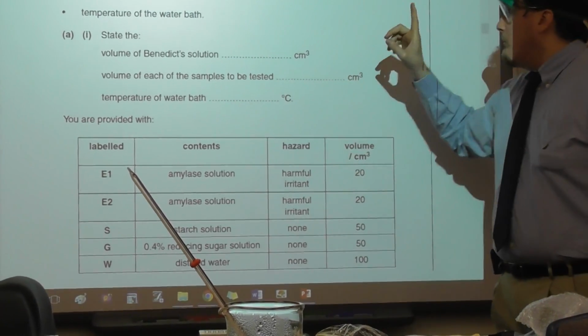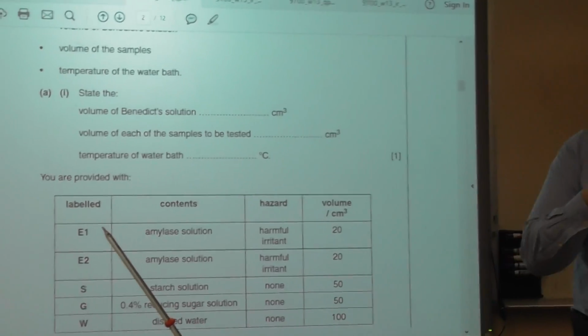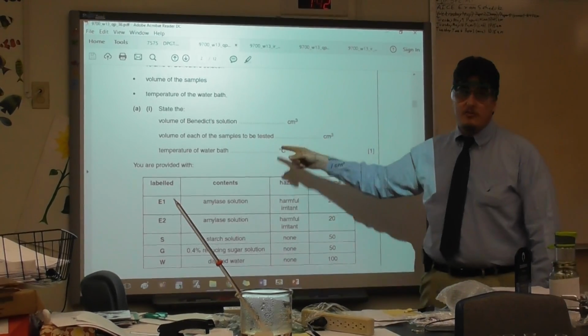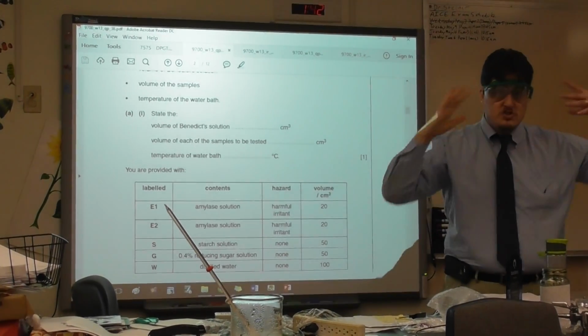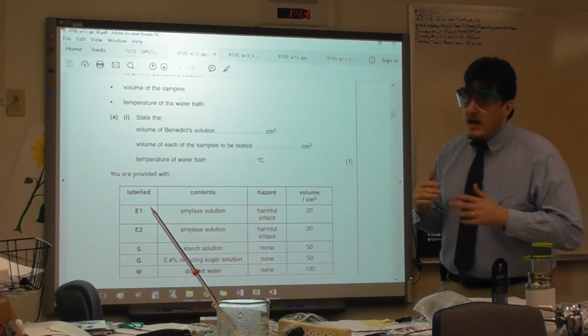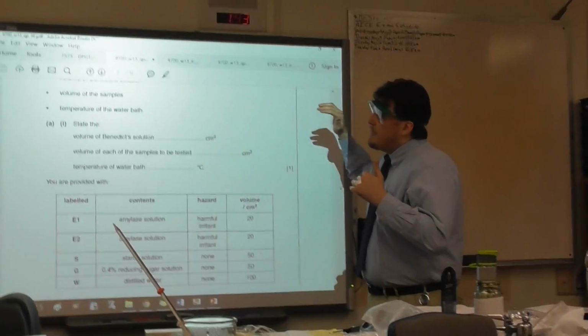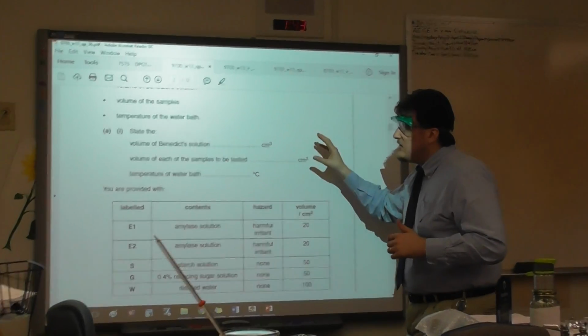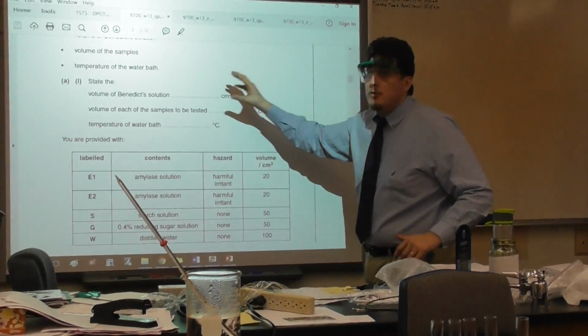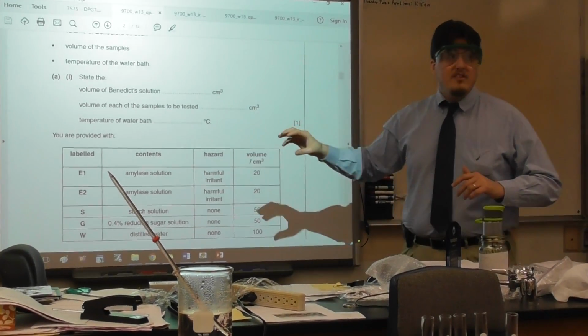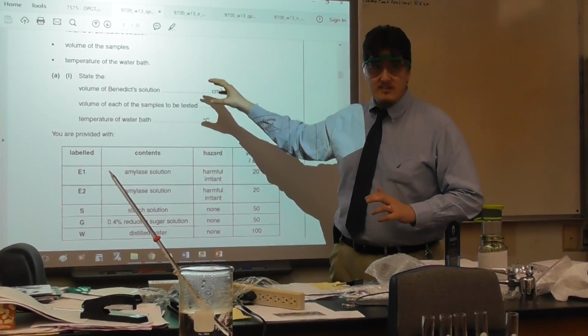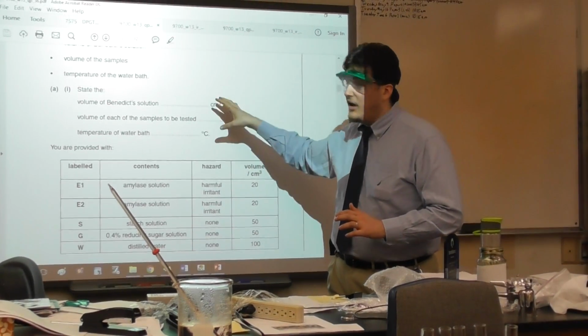Now, my decision-making process is going to determine what I put into these answers, but there is a right general answer. The general right answer here is that the volume of each sample to be tested and the volume of the Benedict solution is based on how the Benedict's test for reducing sugars is done.